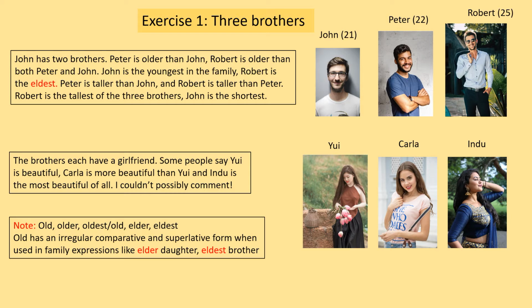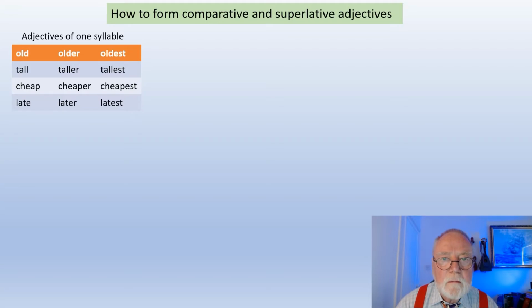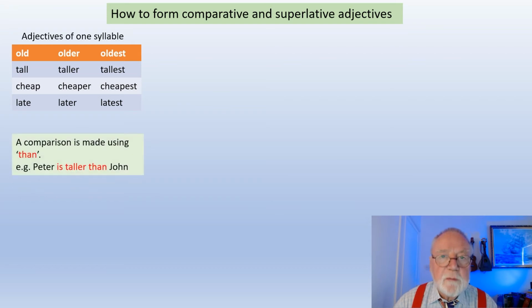So let's have a look at some more rules for making comparative and superlative adjectives. For adjectives of 1 syllable, we add er to make the comparative and est for the superlative. So we get old, older, oldest, cheap, cheaper, cheapest. And remember that when we make the comparison, we use the word than.